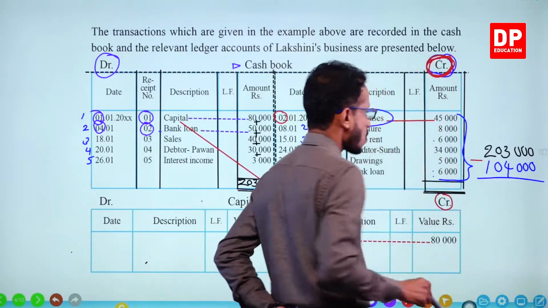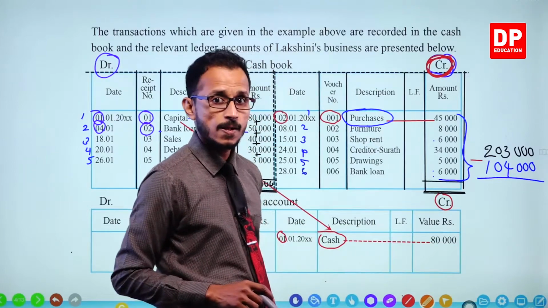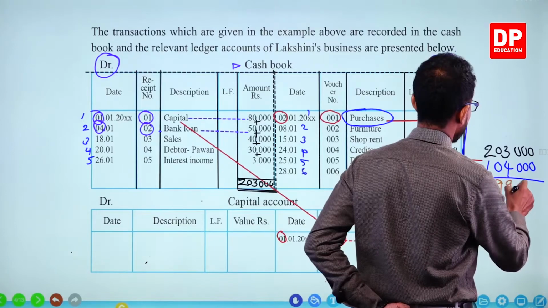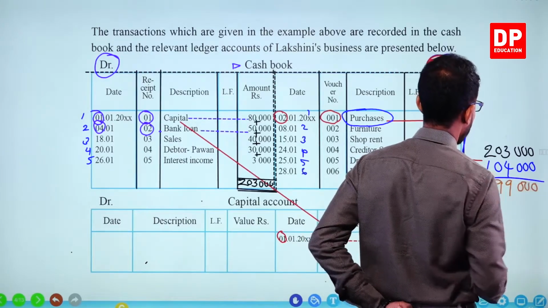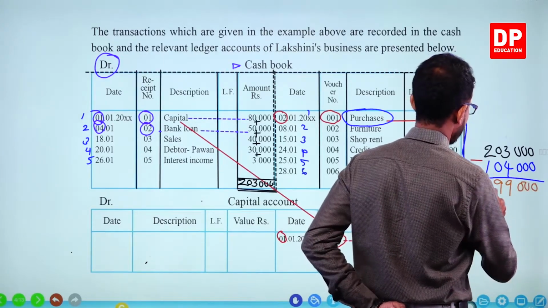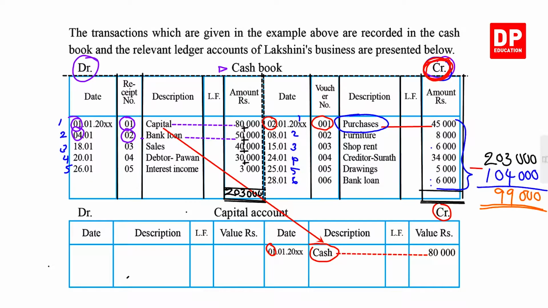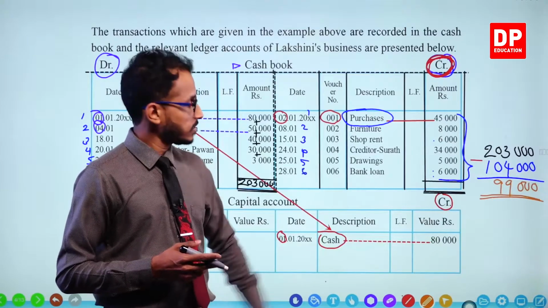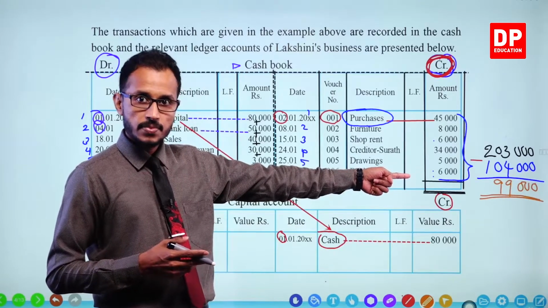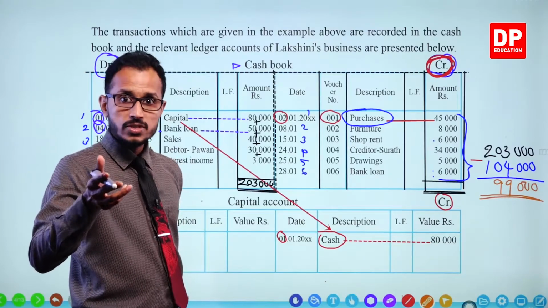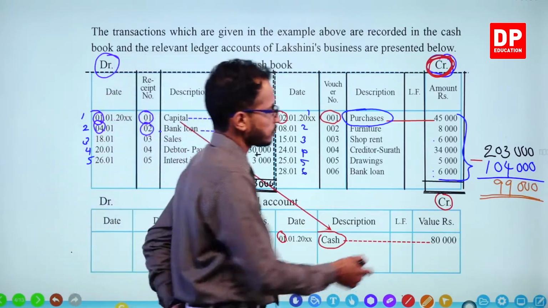Tell me. 99, isn't it? This is the answer, right? Do your calculation. You got that, 99. That answer, 99,000, that is your balance.